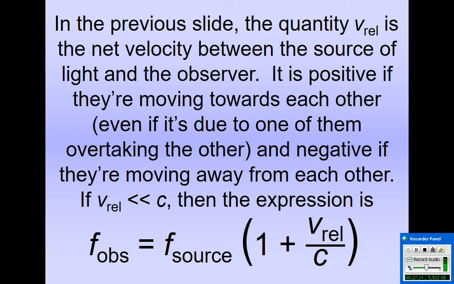Now, the relative velocity is a positive quantity if the source and the observer have a net motion towards each other, and the relative velocity is negative if the distance between them is increasing. So if the distance from the source to the observer is decreasing, they're approaching each other, V_rel is positive. If the distance is increasing, V_rel is negative.